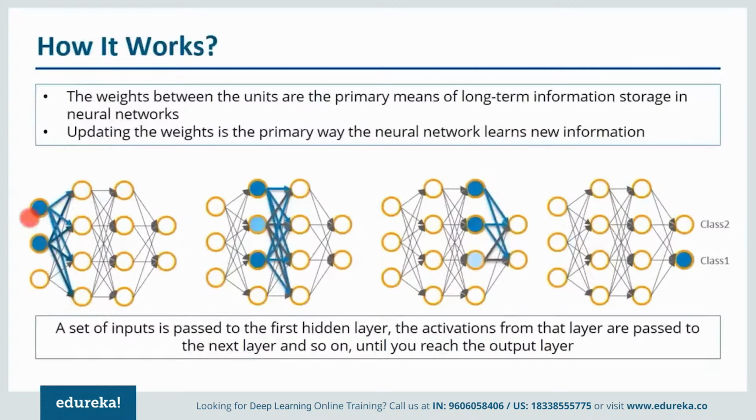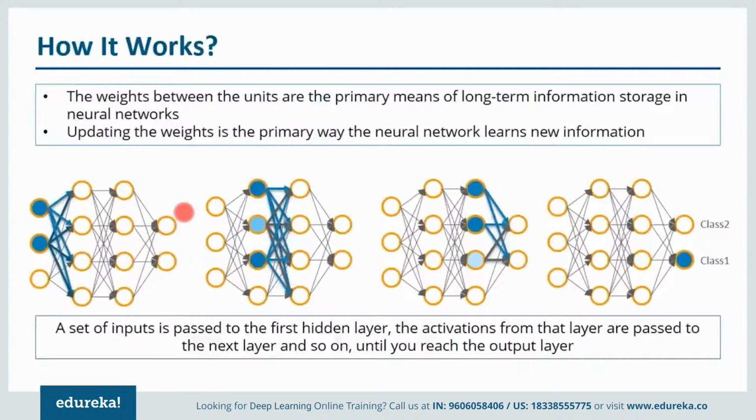Now what happens is, a set of inputs are passed to the input layer and the output of this input layer will be passed to the first hidden layer. Then after the activation function of the first hidden layer, the output will be passed to the next hidden layer as the input, and similarly finally we get the output. Now you must be thinking how the model learns from here. Basically the model learns by updating the weights, and the algorithm that it uses is called backpropagation.